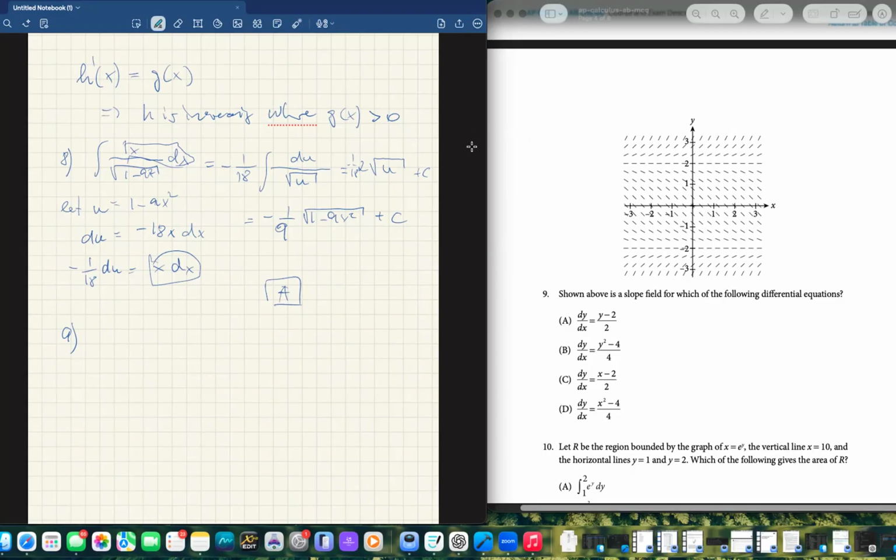The pattern that I see right off the bat is a horizontal line of all slopes being 0 at 2 and also at -2. And then it looks like the slopes at x equals 0 are all about -1.